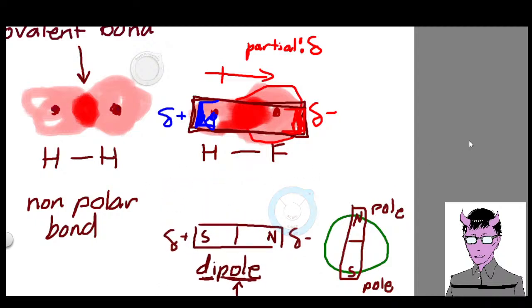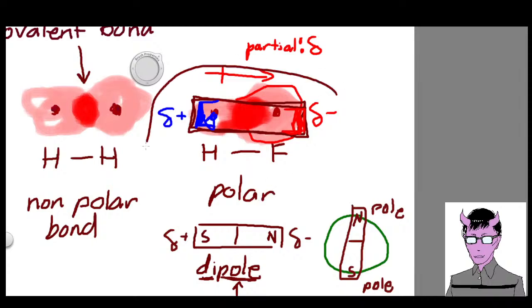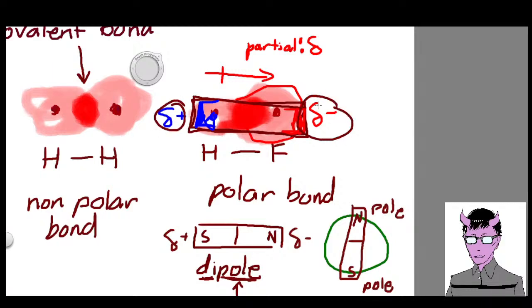It is also called a polar bond. You know, North and South Pole. Isn't that nice when vocabulary comes back and it kind of makes sense? So this is referred to as a polar bond because, again, you have distinct charges in those situations. Partial plus and then partial minus.